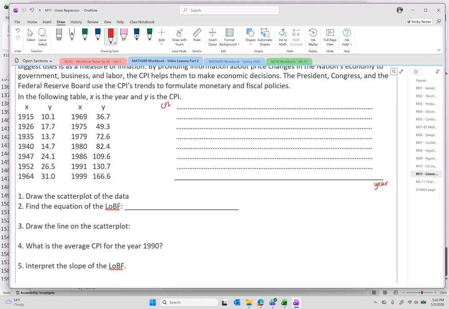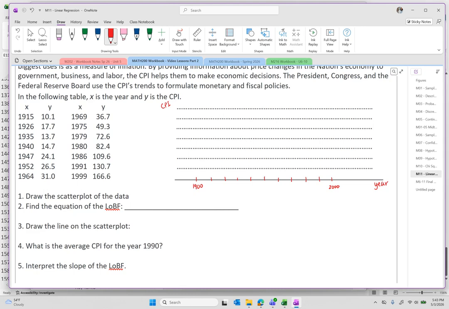So we are thinking here that we can go, say, in the horizontal axis, start in the 1900s and go by tens: 20, 30, 40, 50, 60, 70, 80, 90, and that will be 2000.